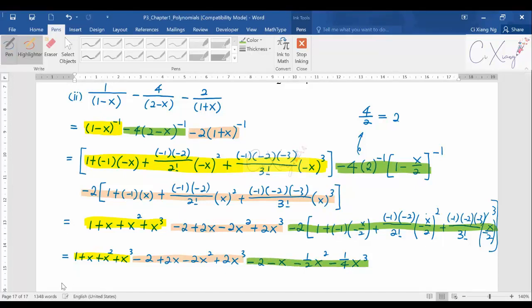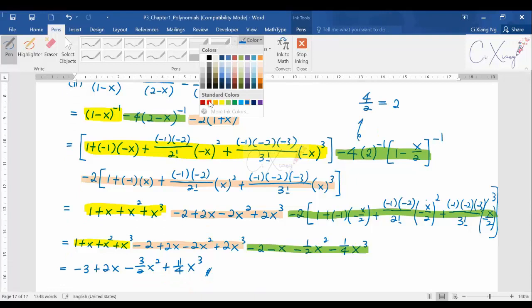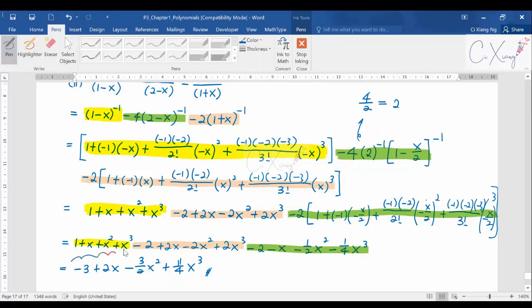And if you simplify everything correctly without any careless mistake, you should be able to get -3 plus 2x minus 3 over 2x squared, and then plus 11 over 4x power 3. So this is my correct final answer.